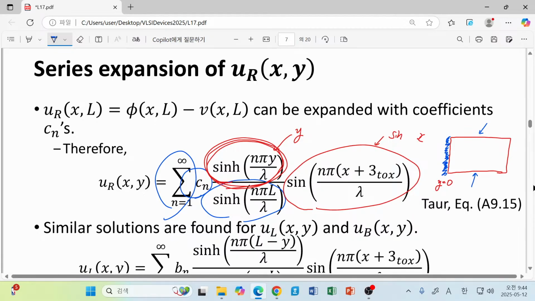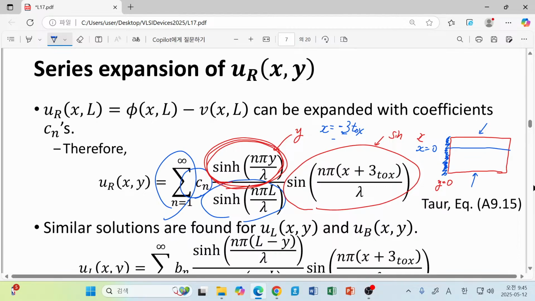If we apply the top surface, at the top surface we assume that the position is minus 3 times the oxide thickness. Minus is understood because this interface is regarded as x equal to 0. But why do we have number 3? It is because in order to compensate the difference between permittivity.